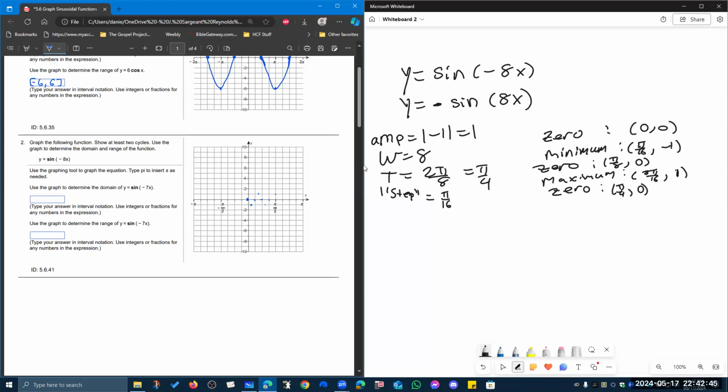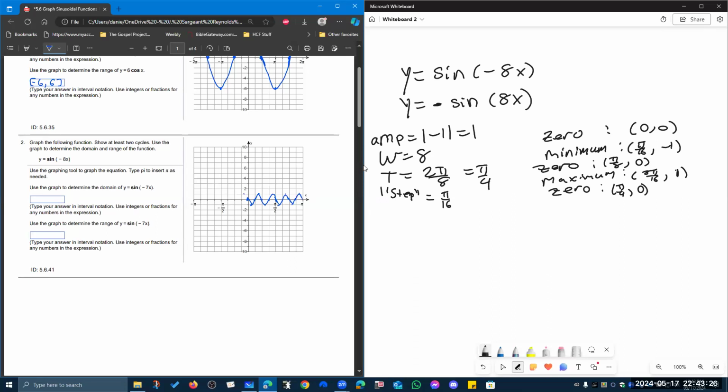So minimum, 0, maximum, 0, minimum, 0, maximum, 0, and it's just going to look like this. Again, I didn't choose the scale, so sorry.